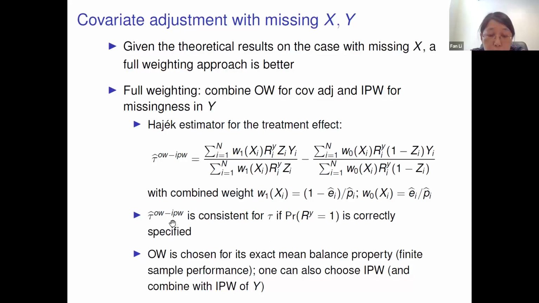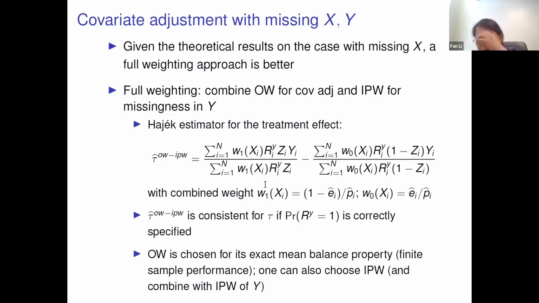Again, it is not too difficult to show that this estimator is consistent for tau if the outcome model is correctly specified. Again, this is an important assumption. I need to do some more theory work here to also think of the robustness.